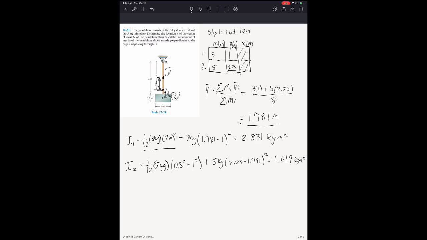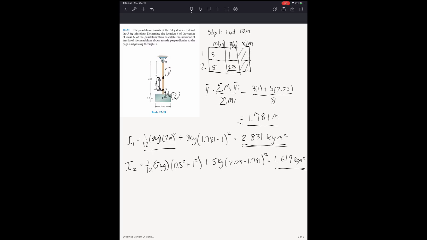kilogram meters squared. I'm curious to look at this to make sure I didn't make any errors, just simply because this object is more massive, yet its moment of inertia is smaller. Notice that, right? This number being smaller than this one. If I were to look at these calculations, it wouldn't be too much of a surprise.